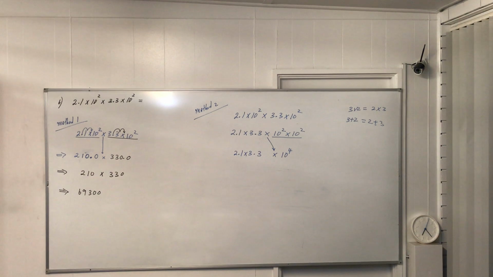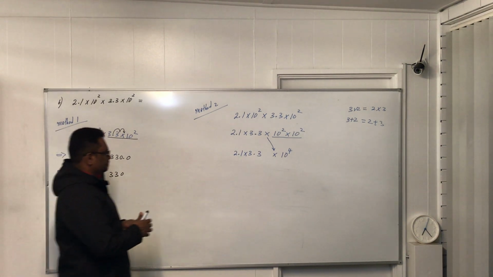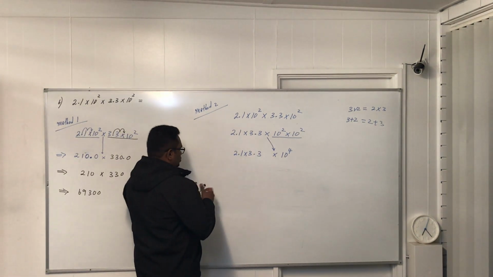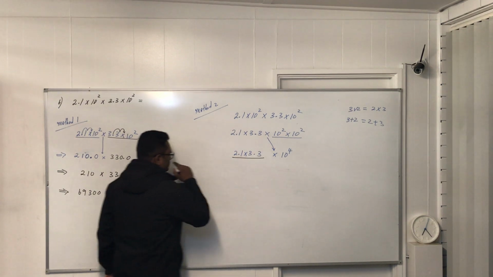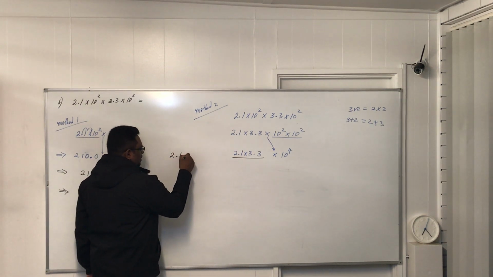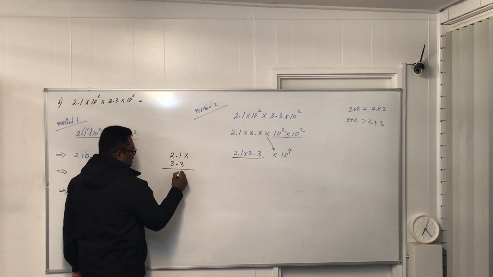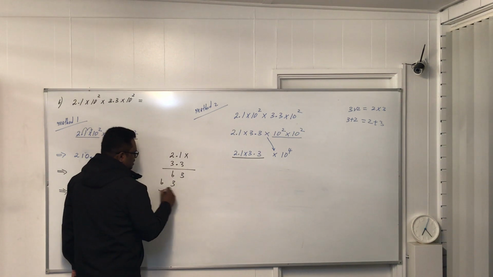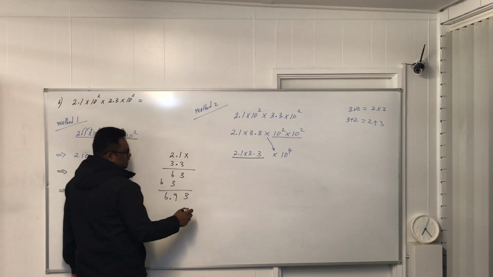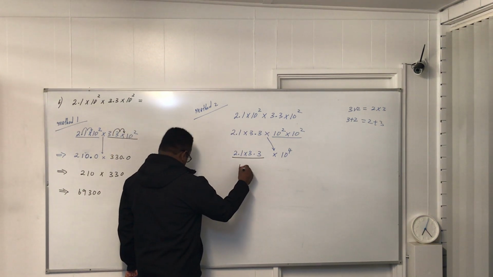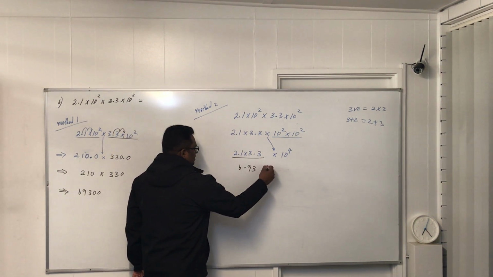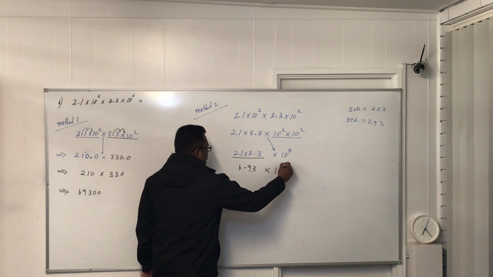All good? Let's see. So I'm going to do this one. Here. 2.1 times 3.3. So I'm going to forget the dot. 3, 1, 3, 3, 2, 6. So 3, 9, 6. How many decimals? 2. So here I'm going to write 6.93 times 10 to the power 4.